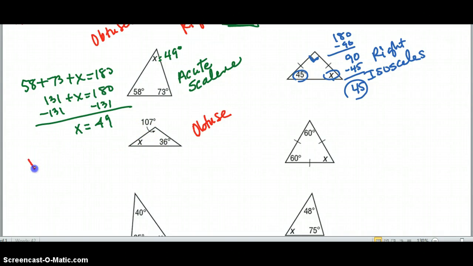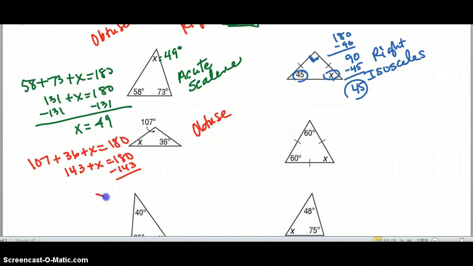So again, 107 plus 36 plus x should all add up to be 180. 143 plus what number equals 180? Subtract 143, and x equals 37. Okay, so it's obtuse and scalene. No sides are equal. It was close to 36, but not quite.